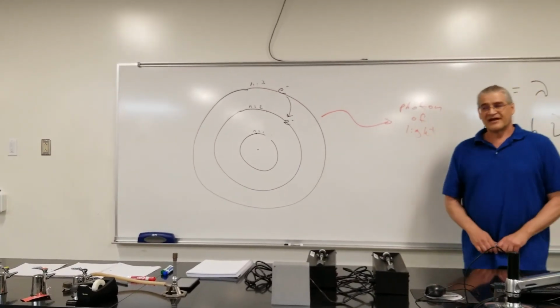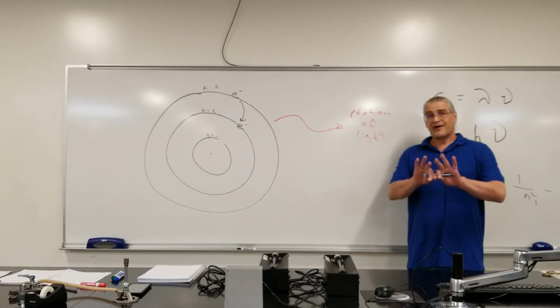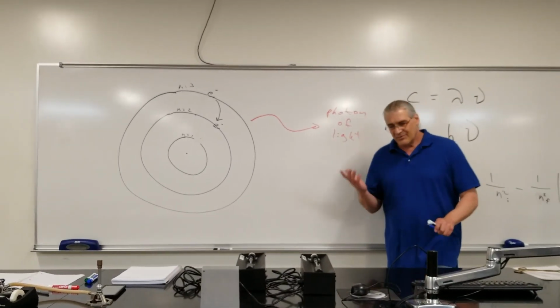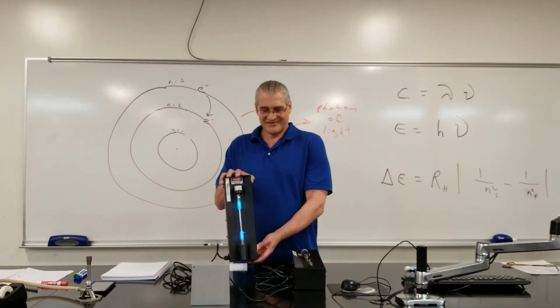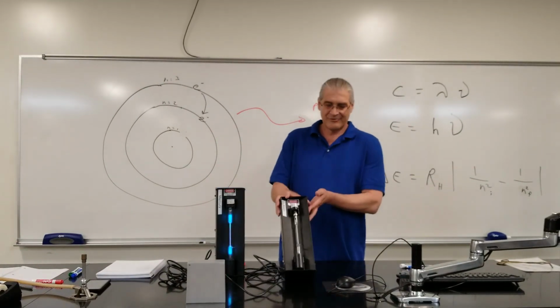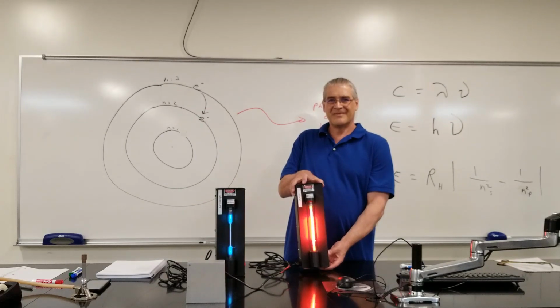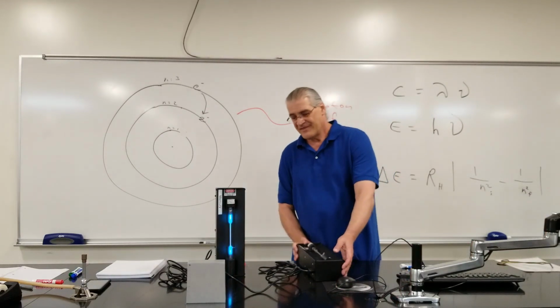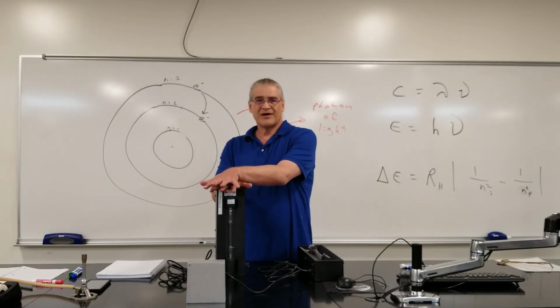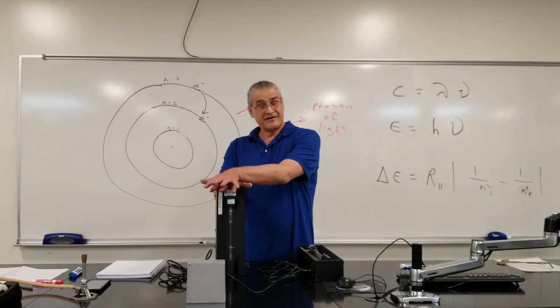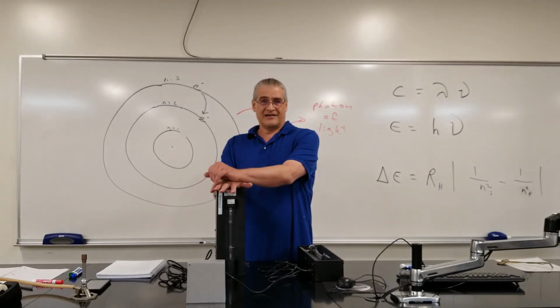The second reason chemists like line spectra, the more pragmatic reason: you may have noticed when you looked at these discharge tubes, different elements put out different wavelengths of light. Therefore, you can use the wavelengths of light put out by an element when it's excited to identify the element.